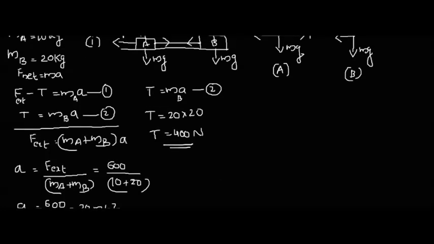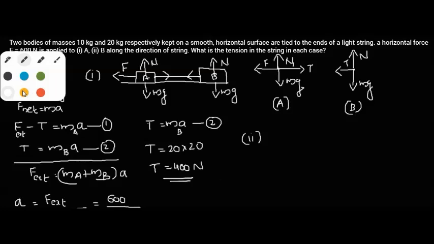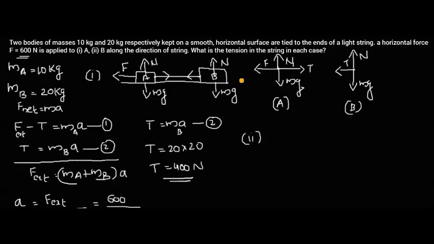Now this is the first situation. Now we are moving on to the second situation. In the second situation, I will draw the direction in the same figure. Instead of applying force on A, as in the first situation, we are applying force on B along this direction.